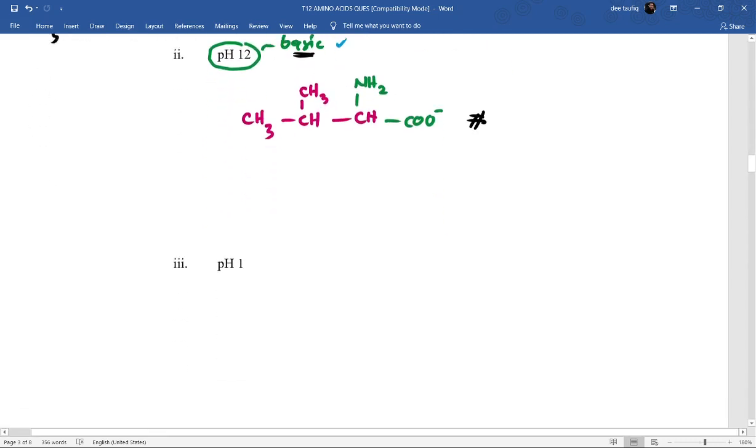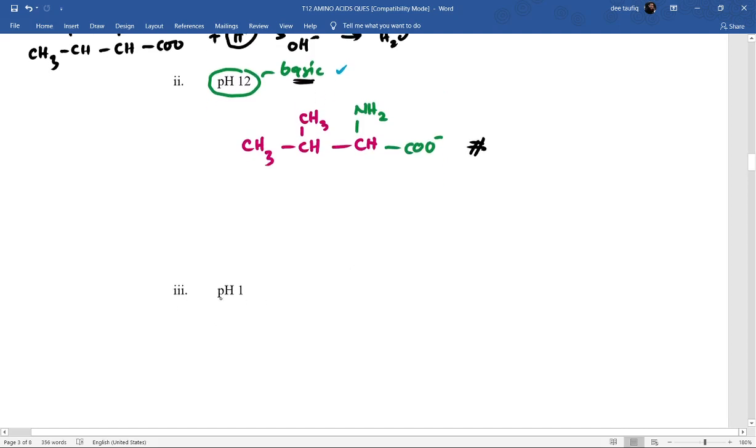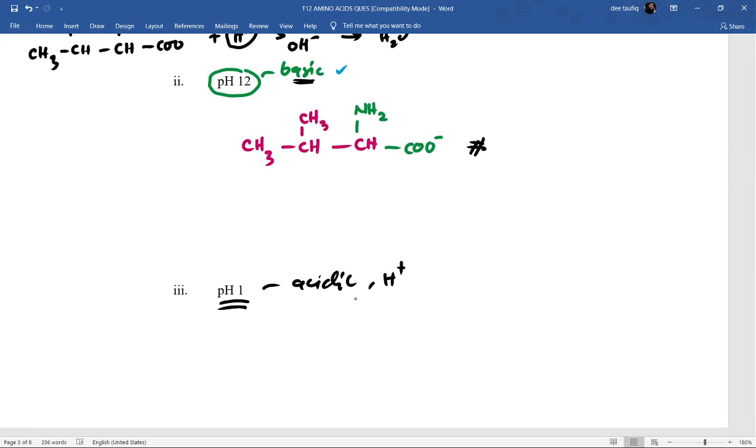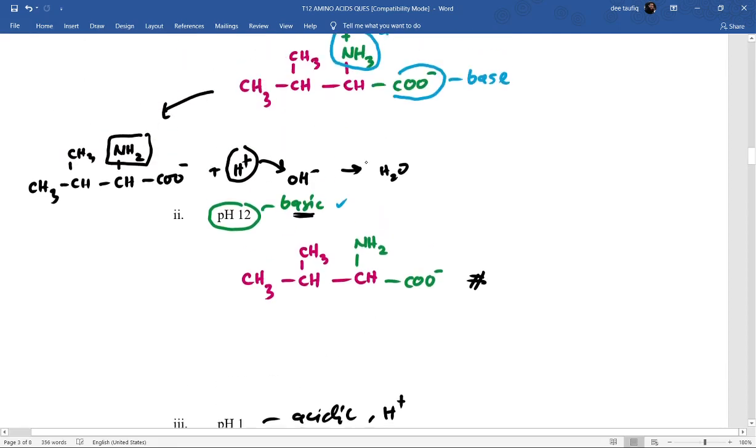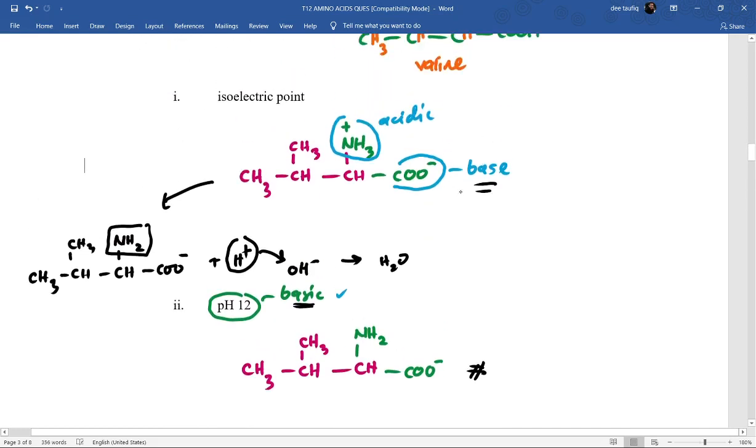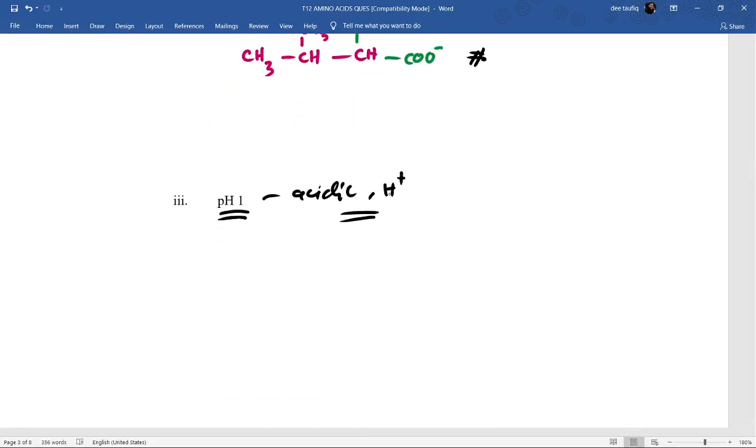Lebih kurang lah. Okay. Untuk acidic, so pada pH 1 kita pada acidic condition, ini kita ada sangat banyak H plus. So acid ataupun H plus ni dia akan bertindak balas pada base punya part yang ini. So the COO minus will receive the hydrogen from condition kita acidic, become COOH. So the structure will be CH3, CH, CH3, one CH.